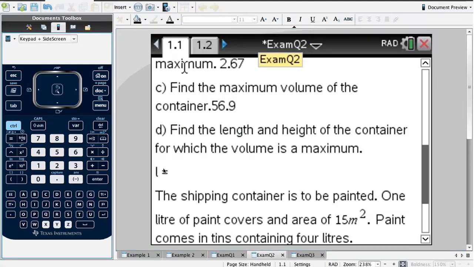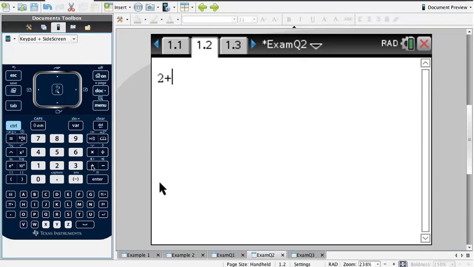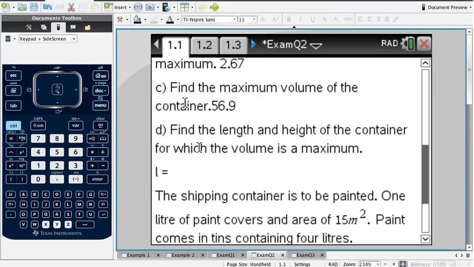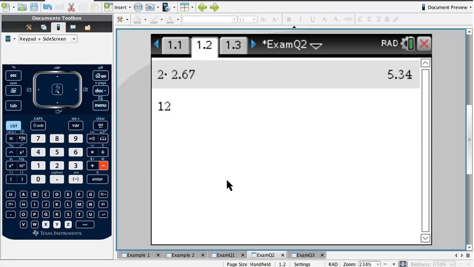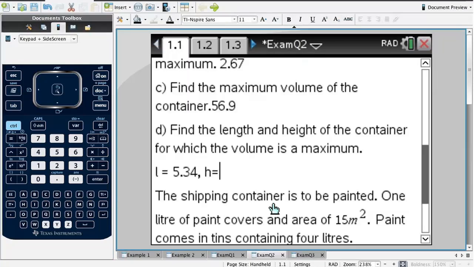On calculator, 2 times 2.67 is 5.34, and then the height is 12 minus 3 times 2.67, which is 3.99.